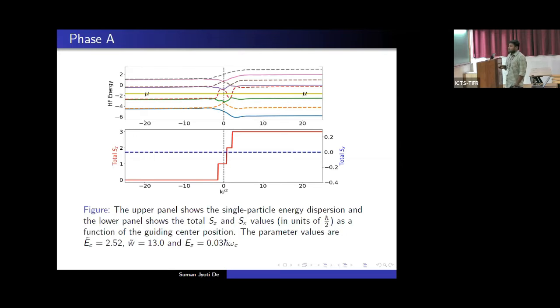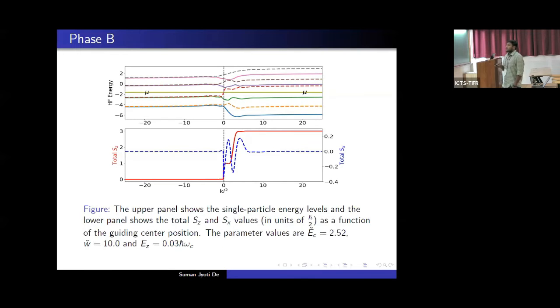And Sx is also 0. If you look at phase B, what happens is that in the middle you will see that only one mode crosses the chemical potential. In this case, the spin rotates from 0 to 3, and if you look at the total Sx, it is non-zero around this point.